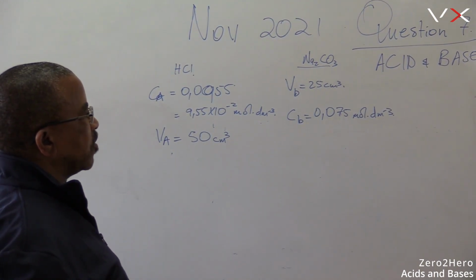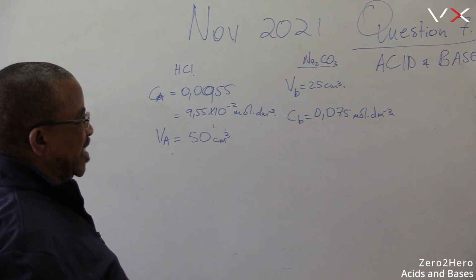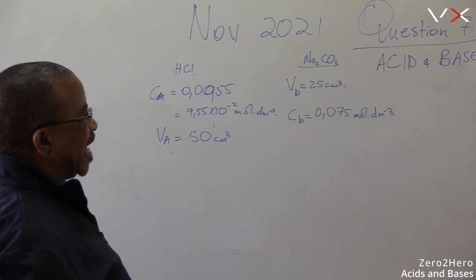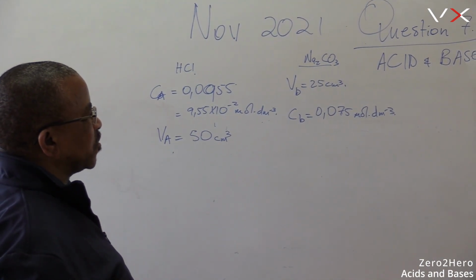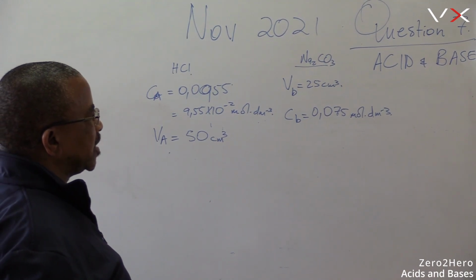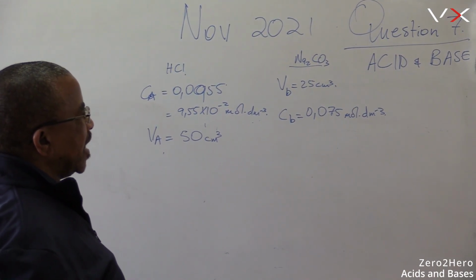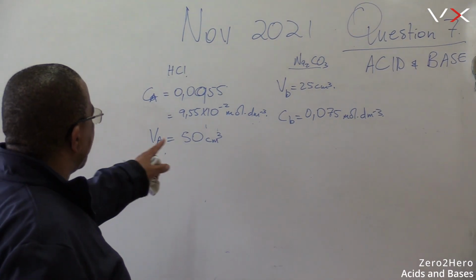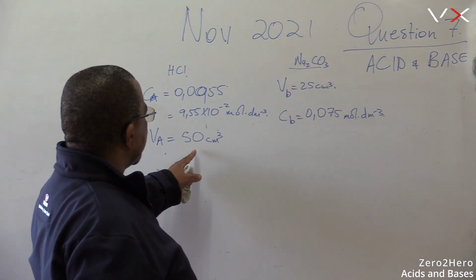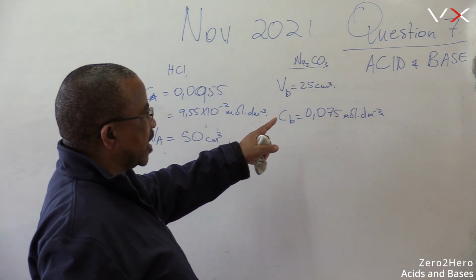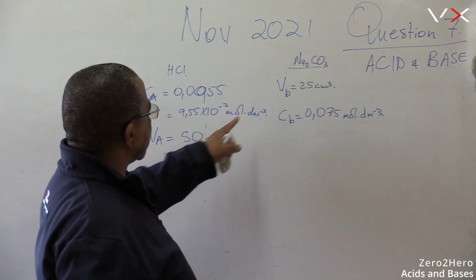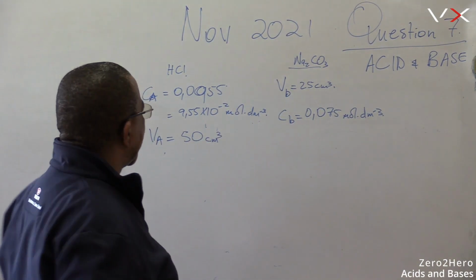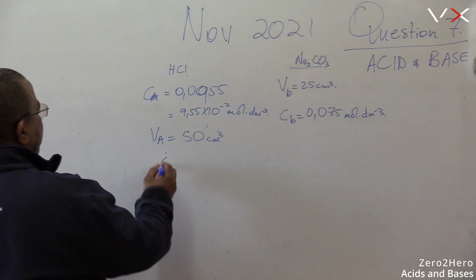Now they say calculate the concentration of the remaining HCl. What is the excess in the new solution? What is the concentration of the remaining HCl in the new solution? So if we have 50 reacting with 25, what is the concentration of HCl that reacted?